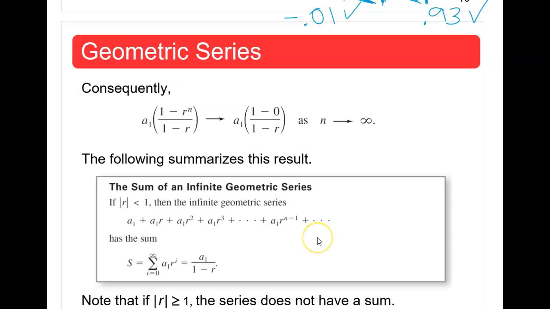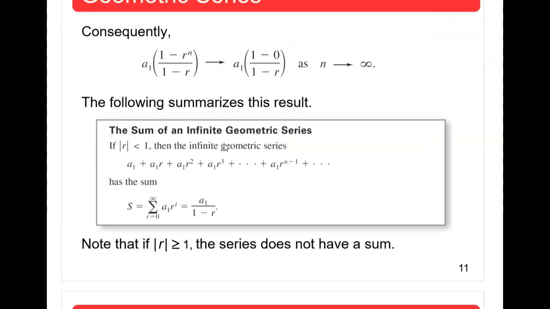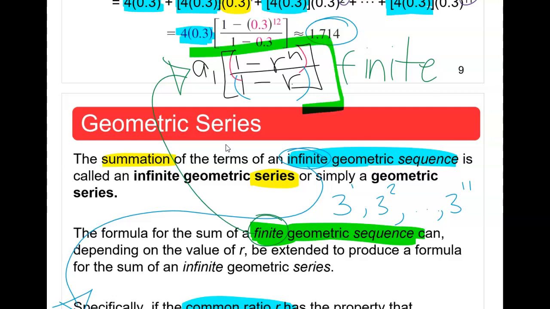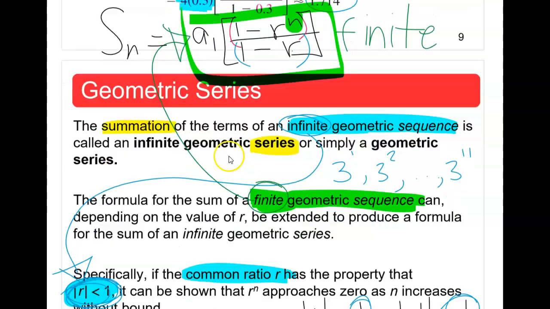So what happens here is that if we increase the exponent or the subscript for the sum, based on the formula that we saw here. So if we increase n, remember this was the formula for the sum of a finite geometric sequence.